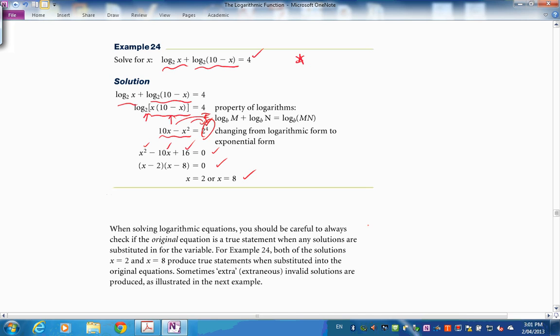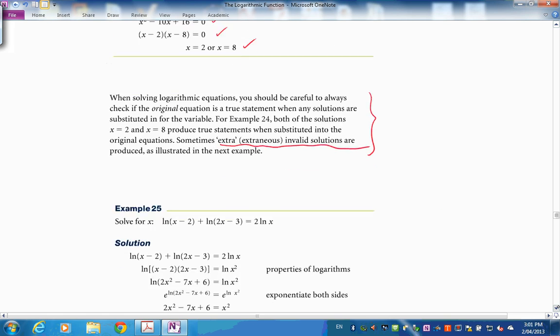You should be careful though to make sure that both answers work. You should substitute these back and make sure that you can find the log of 2 in that hole and in this hole, and also 8 in both places, because sometimes we generate what are called extraneous solutions, and we'll have a look at that in this next example.